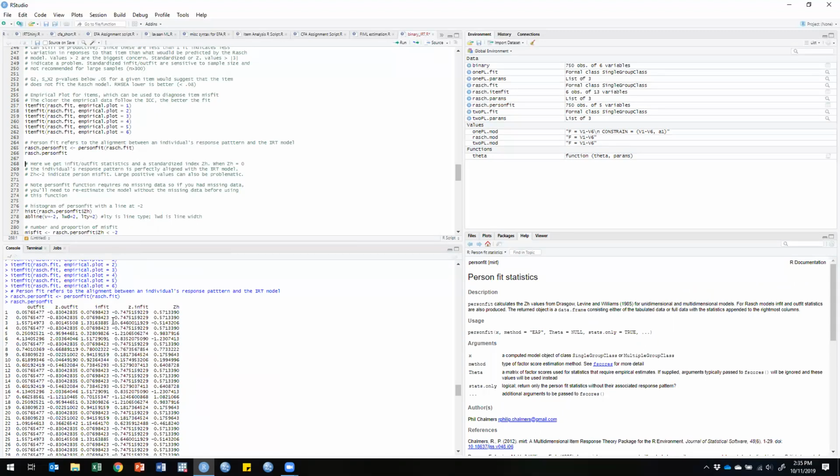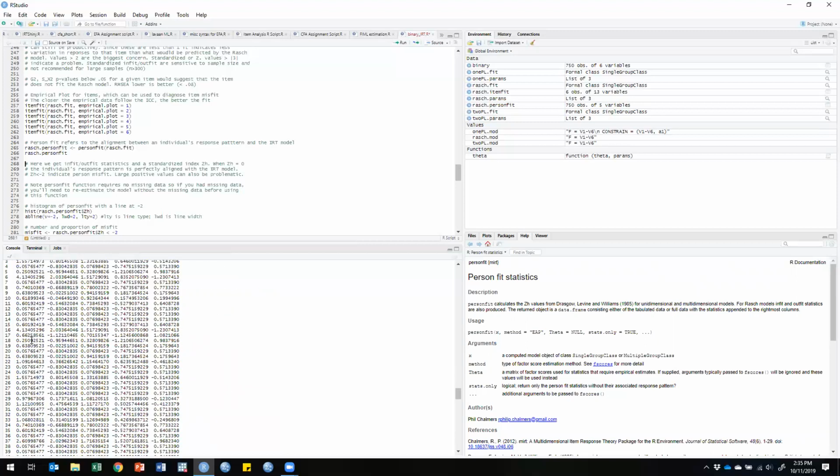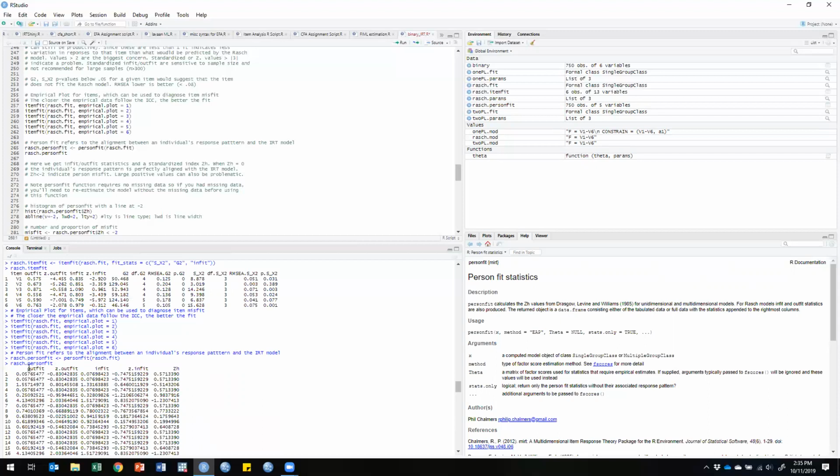It's going to print out a data set with 750 rows, one for each person, giving us the in-fit and outfit information, and then this ZH statistic for each individual. We can interpret in-fit and outfit similar to how we interpret them for items: we want these around 1.